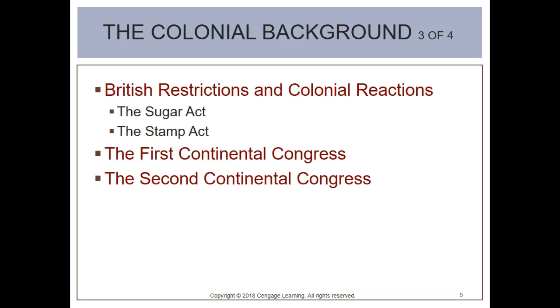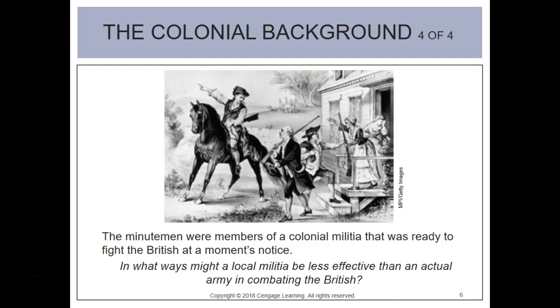And what happens is people start to get together and have these meetings, the First Continental Congress and the Second Continental Congress, and come up with these ideas that they are getting tired of these things. And they want to write their own documents and their own laws and live their own way of life and not be under an oppressive rule of a monarchy or a dictatorship.